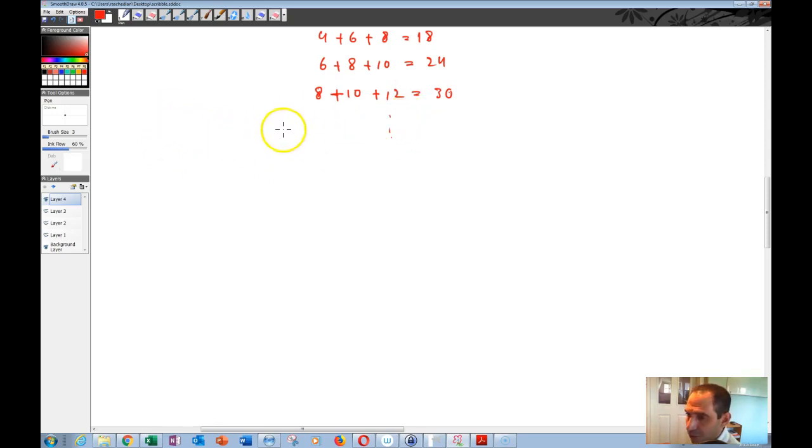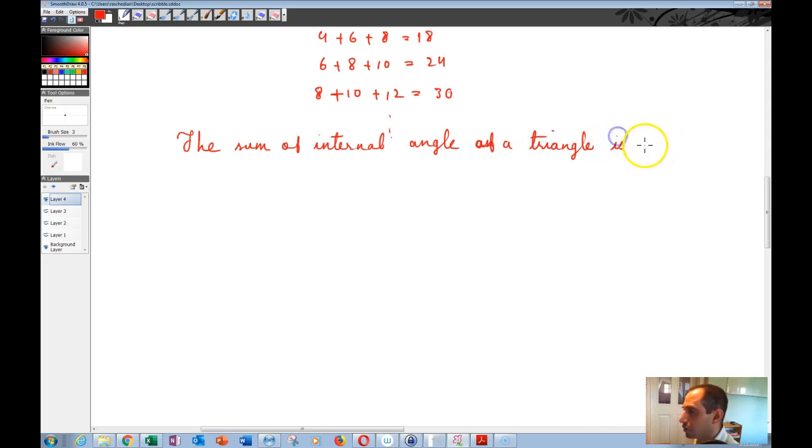For example, let's say that you have a statement: the sum of internal angles of a triangle is equal to 180 degrees. Okay, and over there, what you usually do, all the time in 6th grade or 7th grade, is you verify things.